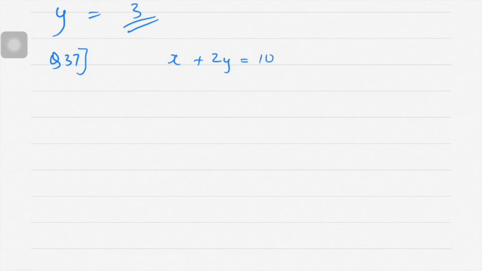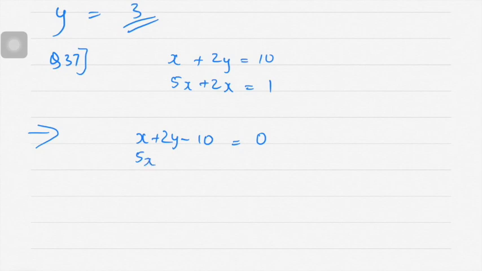Question number 37. x plus 2y is equal to 10 and 5x plus 2x is equal to 1. Okay, now let's solve this. x plus 2y minus 10 is equal to 0. 5x plus, this is y.